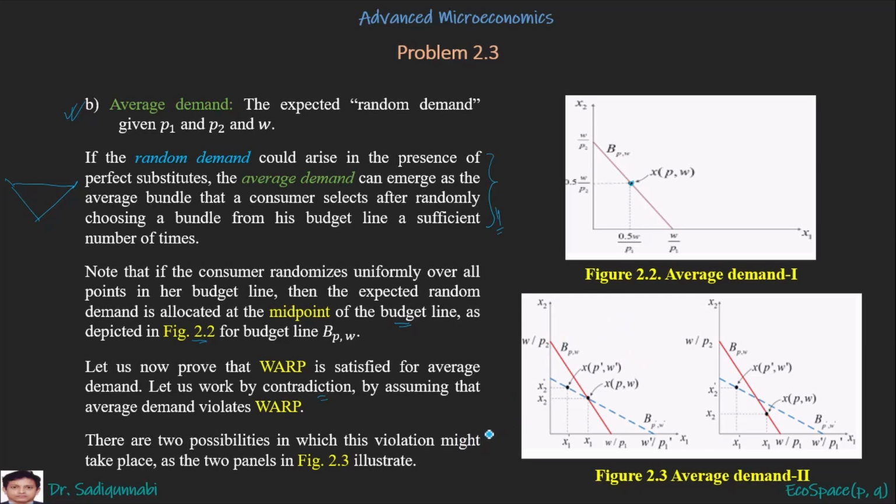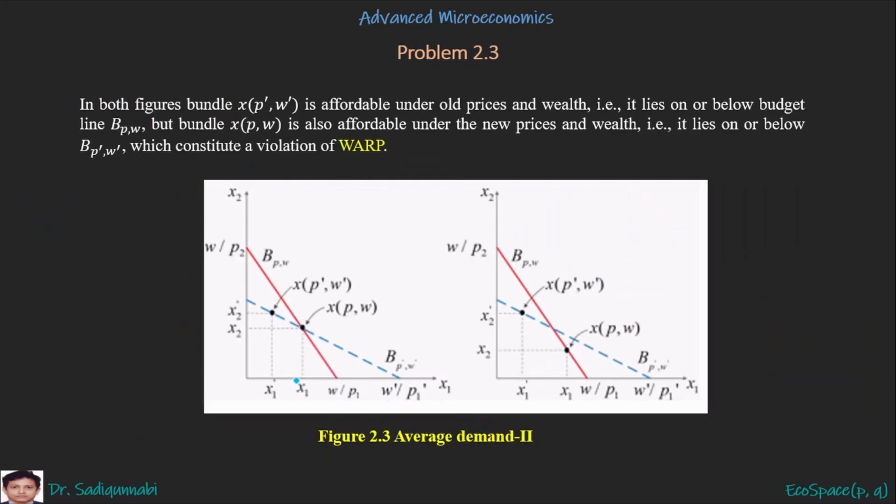So you see that in both figures, the new bundle x prime (p1 prime, w prime) is affordable under old prices. Here is our old price line, this is for the old price, P1 P, and this is the old bundle.